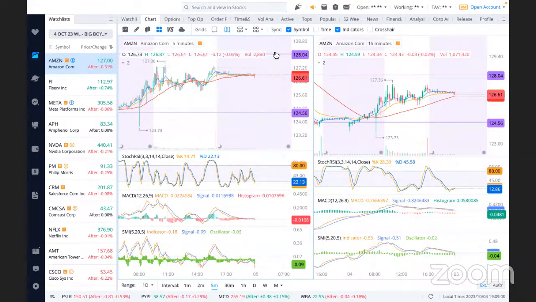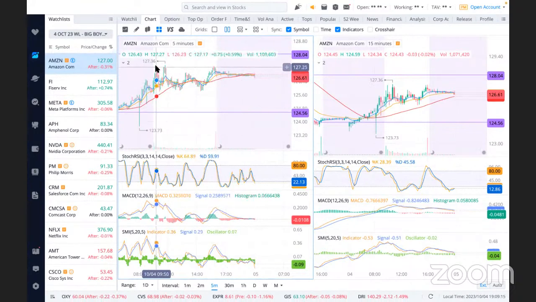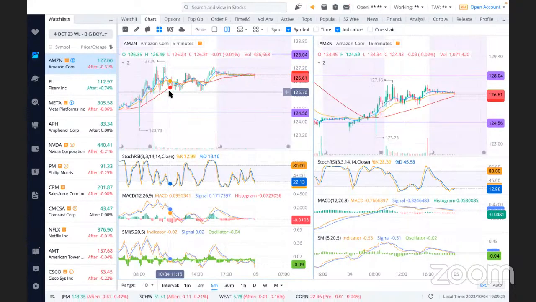I have my top and bottom lines, but we got about a $2 push for this to trigger, and almost a $3 push for this one. We might miss some bread on the table because we could be making money like this, right? And we could have made money on Amazon riding it here, 127 to 125.